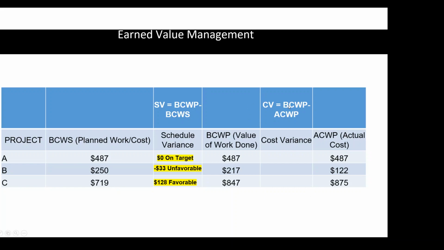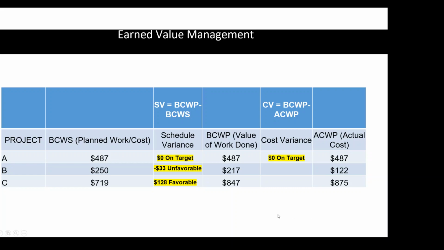We're looking at actual costs here. So cost variance is the budgeted cost of work performed, the value of the work versus how much I actually had to pay, actual cost. So the first one says the value is $487. I actually paid $487, so $0 on target. The value was $217. But I only paid $122.